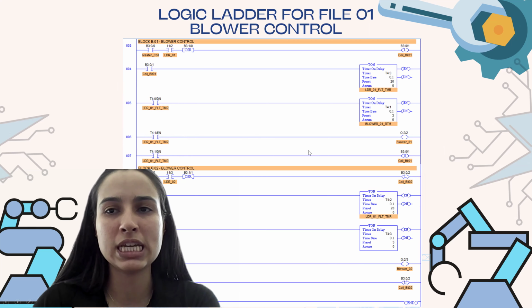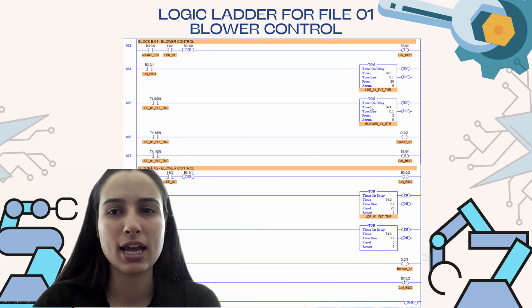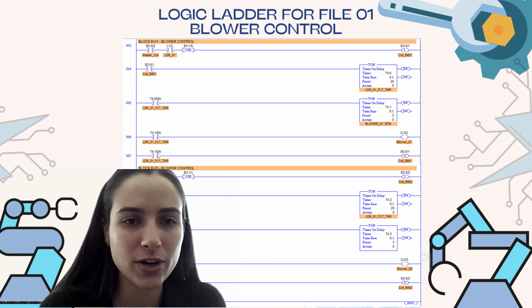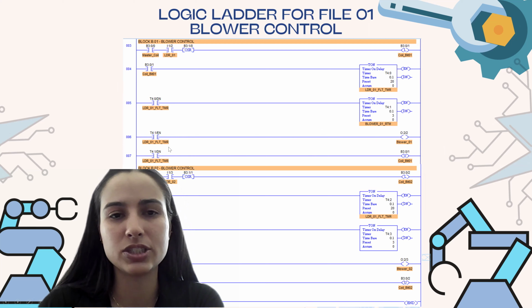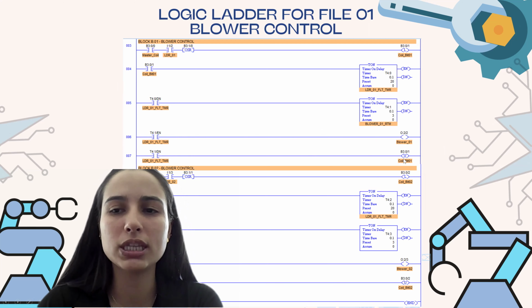To close the block, I use the activation blower time, the address, and in the slash I wrote DN as in done, letting it know that the process is done, and unlatching the coil bit.